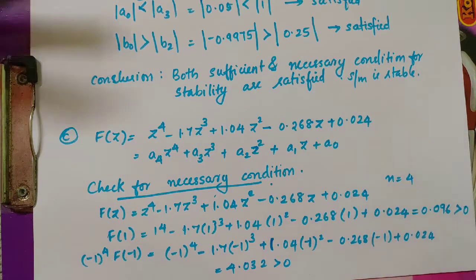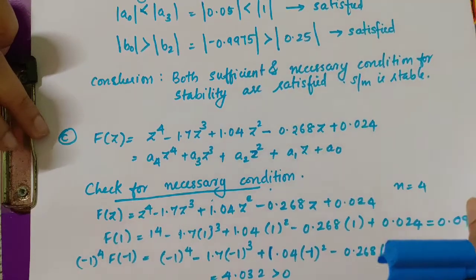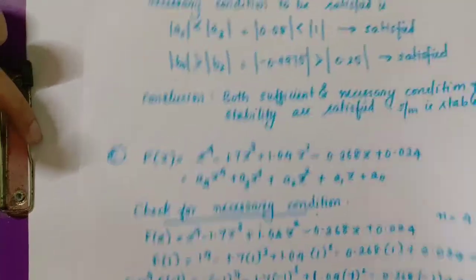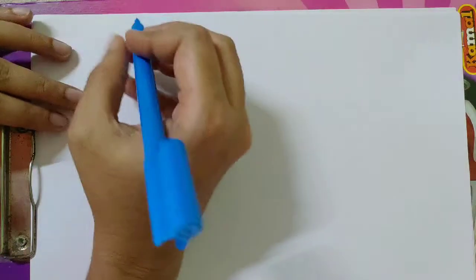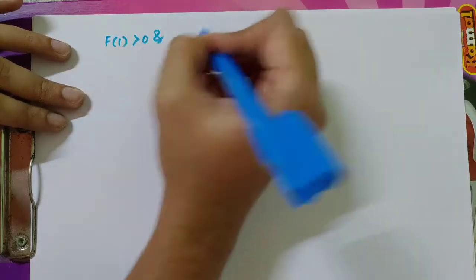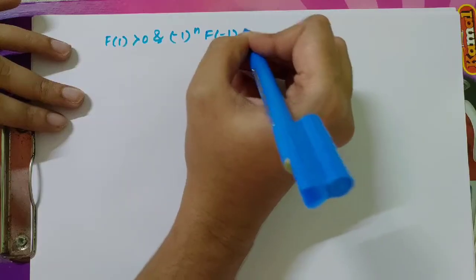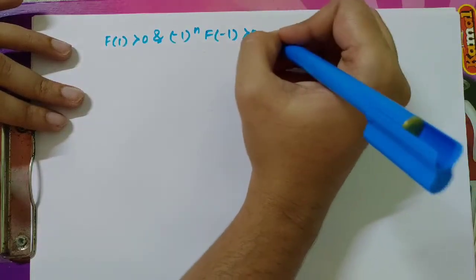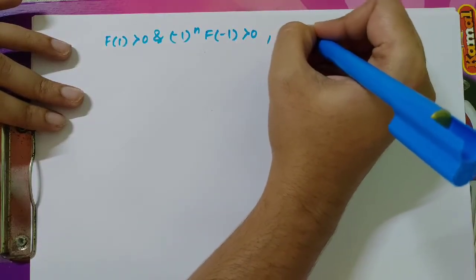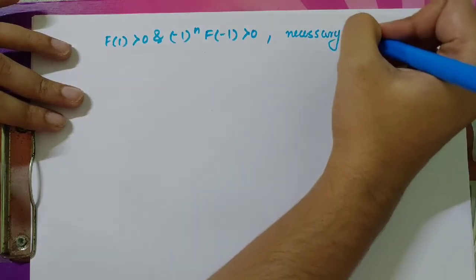This is also greater than 0. So necessary condition is satisfied. Write the conclusion: f of 1 greater than 0 and minus 1 raised to n f of minus 1 is greater than 0. Hence necessary condition for stability is satisfied.